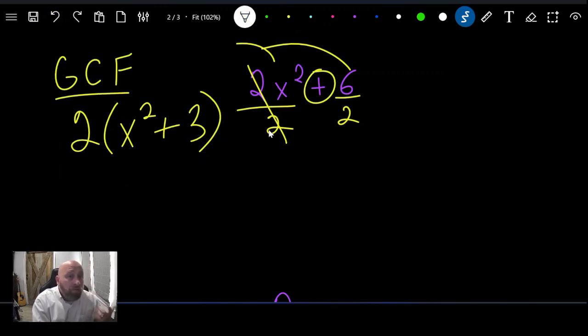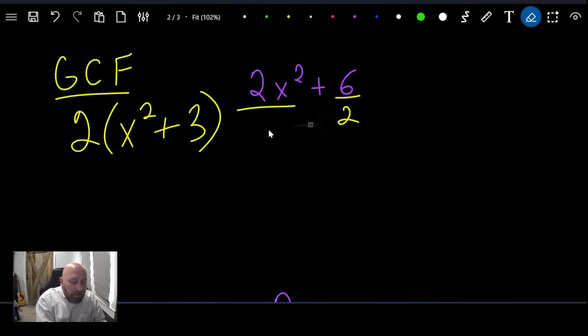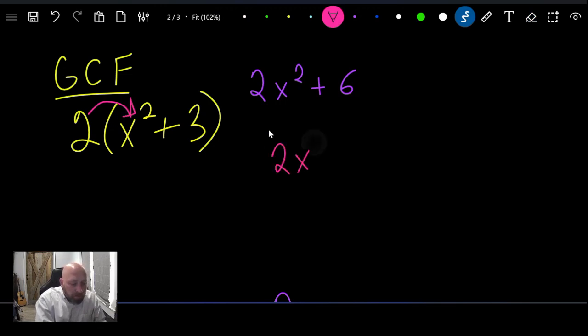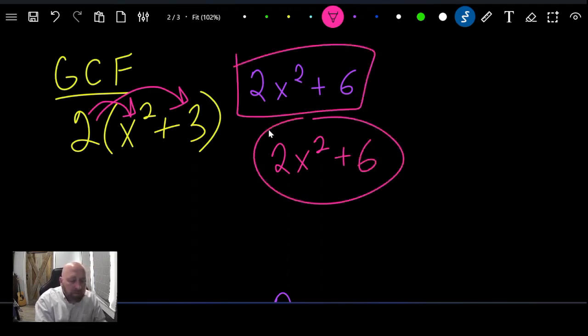Now, how do you check this? Well, just distribute it in like you did before and see if you get the same thing. Let's see if we get back here to this where we started from. So 2 times x squared is 2x squared. 2 times 3 is 6. Look, we got the same thing that we started with.